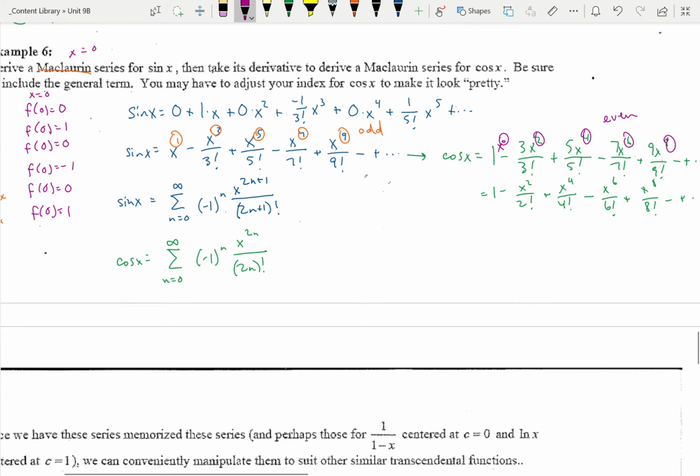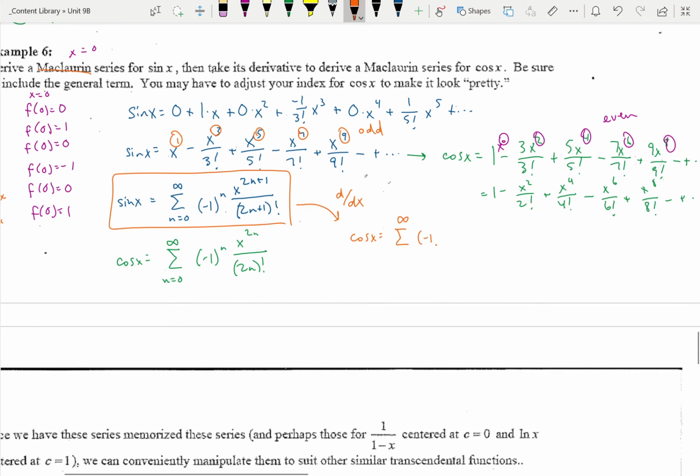Now, we could have, if we had chosen to, taken the derivative of the actual series in this form right here. If we had taken the derivative of that series, take a look at what might have happened instead. We could have gotten the cosine of x equals the sum from, well, I won't worry about the n equals 0 yet. Let's just see what happens here.